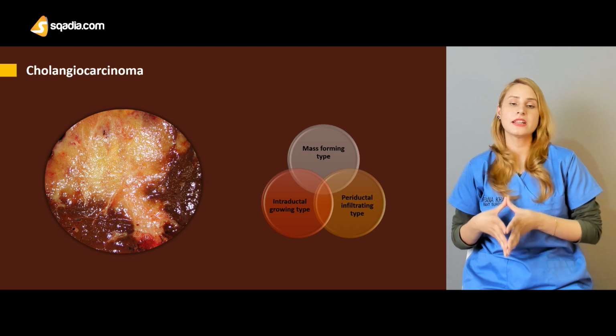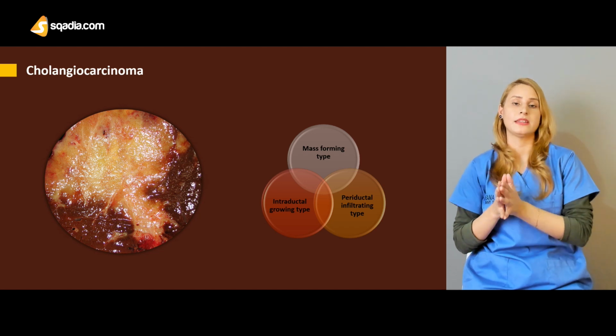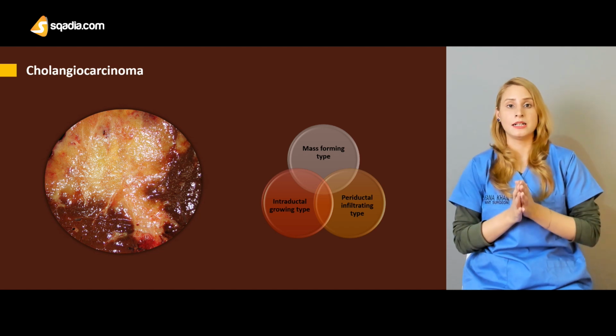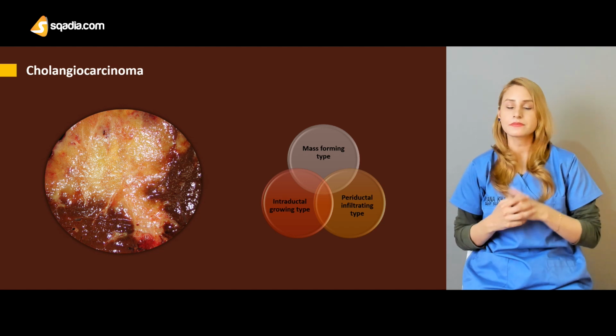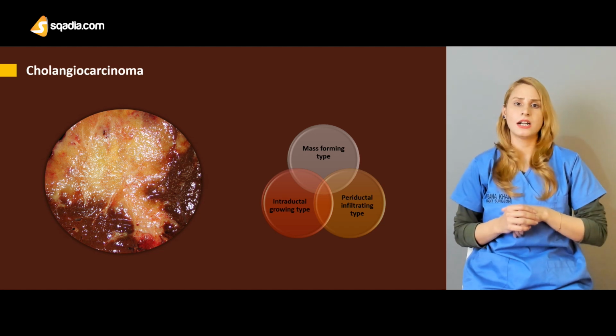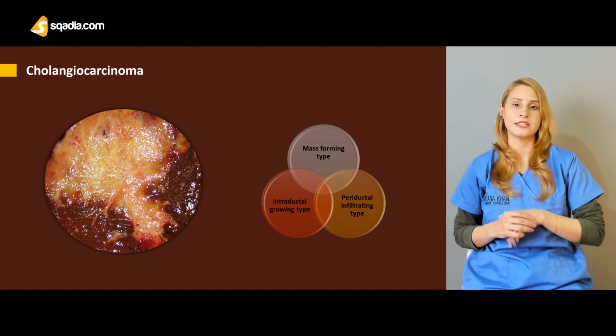This epithelial growth can be in the form of a small polyp, or in the form of a large mass-growing tumor that has malignant potential. Some of the polyps are benign, but mostly these polyps can turn into malignancy.